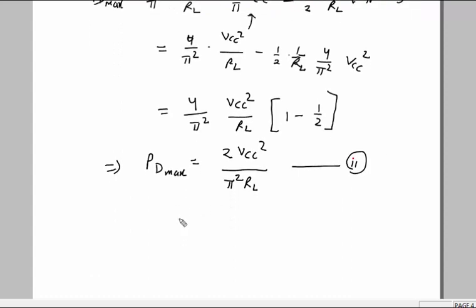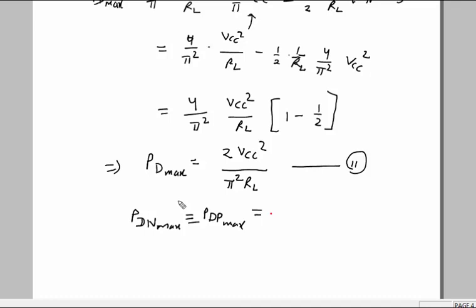Okay, so this is the PD max we got. Now this is total PD max. Half will go to PDN and half will go to PDP. Okay, so PDN means for NMOS or QN, the maximum will be the same as PD of PNP or QP maximum, and they will share half of both.